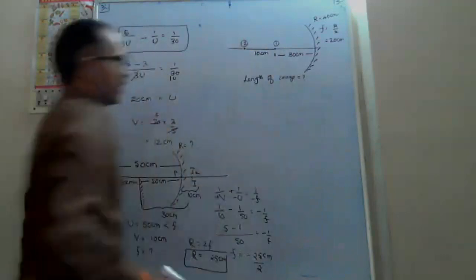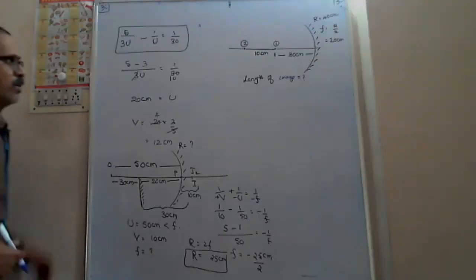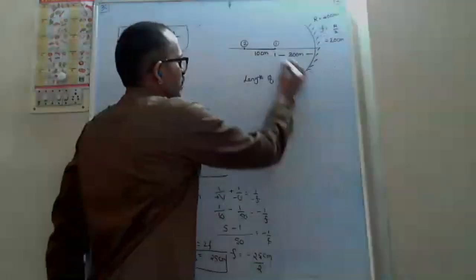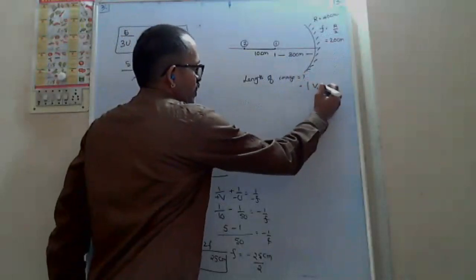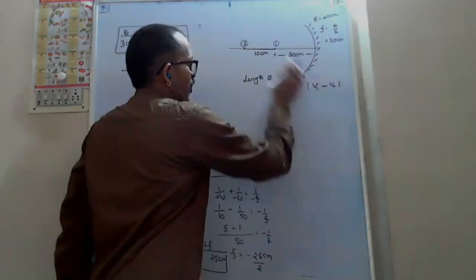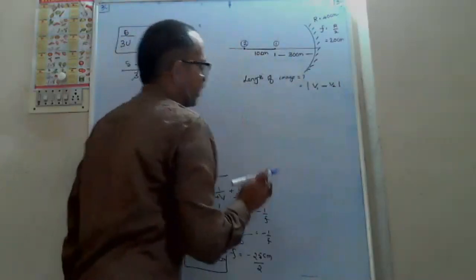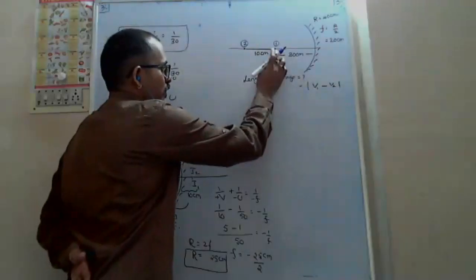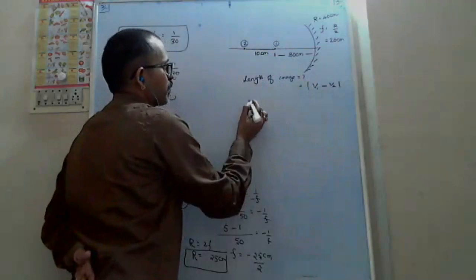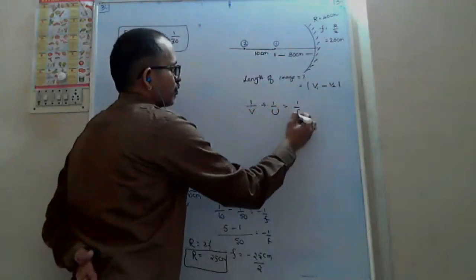Length of object is 10 centimeters. Then length of image will be how much? So length of image means the distances of first position, second position. If you subtract, you will get the length of image. So distance of first position means image distance. I am going to calculate according to the formula here.